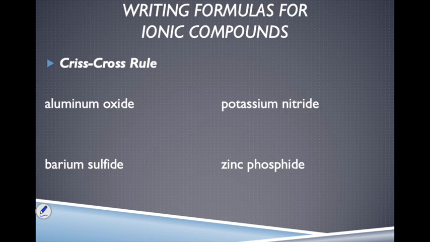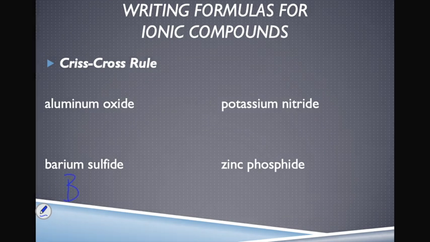So there's the name of the compound. The compound's name is barium sulfide. All right, so using our periodic table, barium forms ions with a 2+ charge. Okay, it's in group 2. Sulfide, which is in group 16, forms ions with a 2- charge.